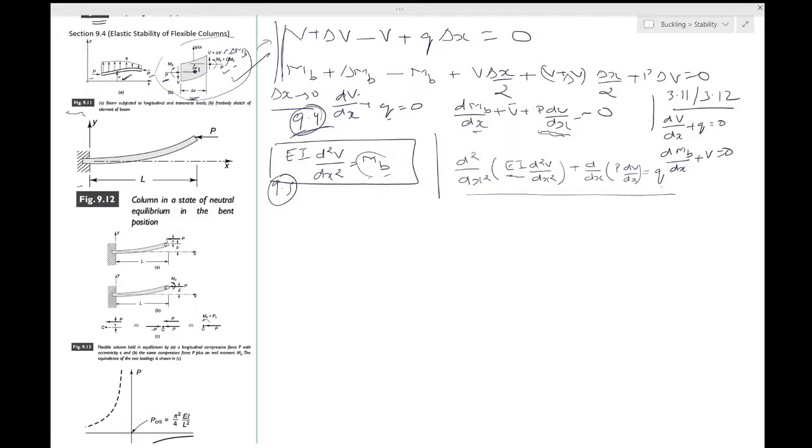If the beam should be accidentally displaced from a straight position, the force P produces a bending moment along the beam, which causes the beam to bend even further, while the elastic forces in the beam tend to restore the original position. So you know the two competing things now.